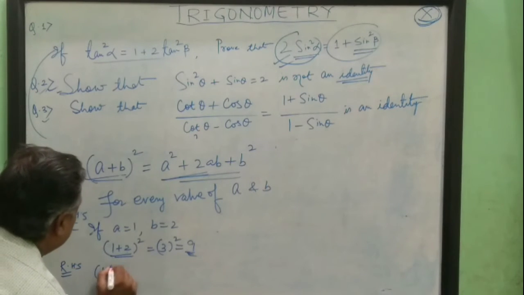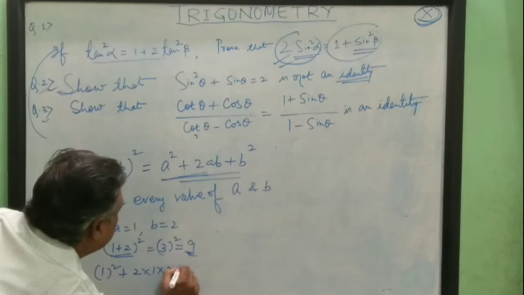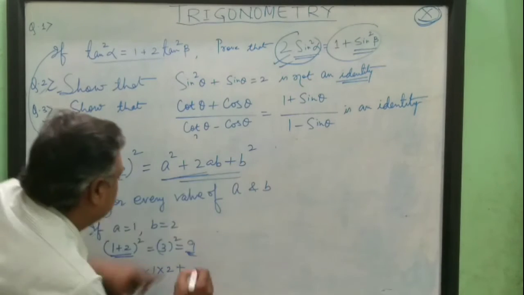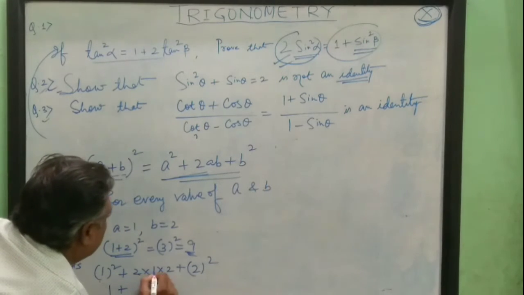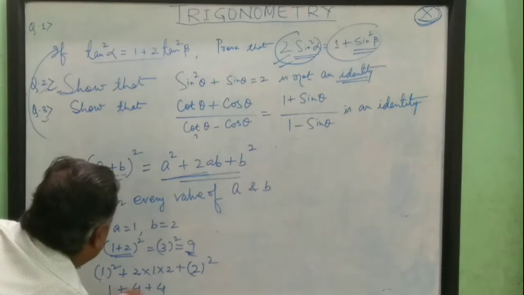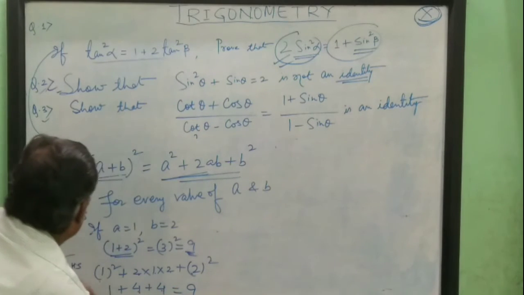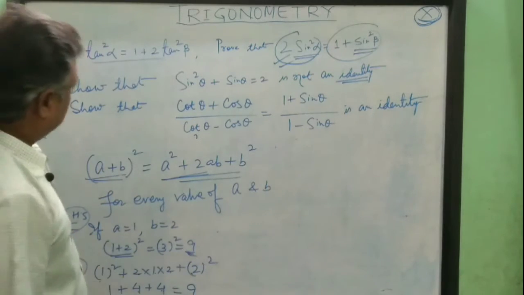RHS: 1 square plus 2 into 1 into 2 plus 2 square. So 1 square is 1, 2 into 1 into 2 is 4, 2 square is 4, 4 plus 4 is 8, plus 1 is 9. So LHS is equal to RHS. So this is an identity.